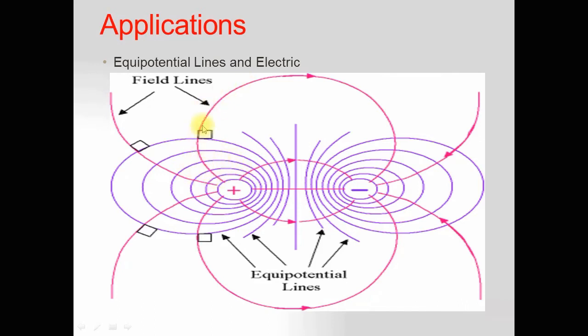The red line you see here intersects all these curves, these equipotential lines, at a 90-degree angle. So this is the orthogonal trajectory for this family of curves.